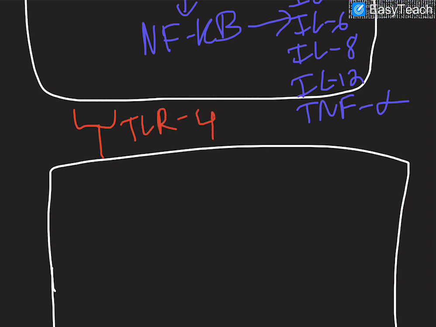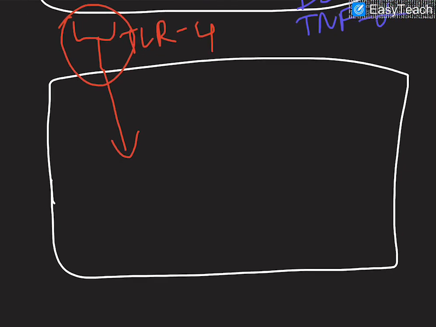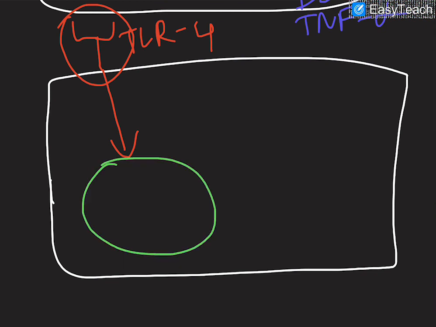We saw it can activate the MyD88 pathway, but some of these toll-like receptor 4 receptors can actually go from the cell surface and inside and get inside of an endosome, okay? So instead of staying on the cell surface, it can move to endosomes, which are present inside of our cells. So this is going to be our endosome, and inside the endosome will be the toll-like receptor 4.